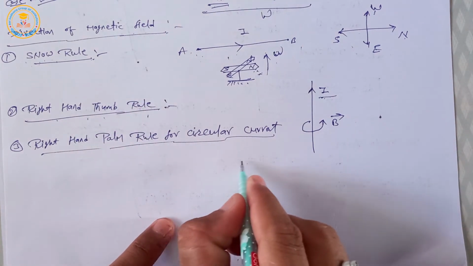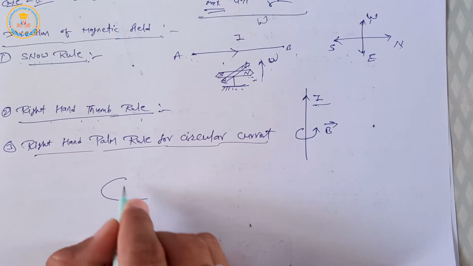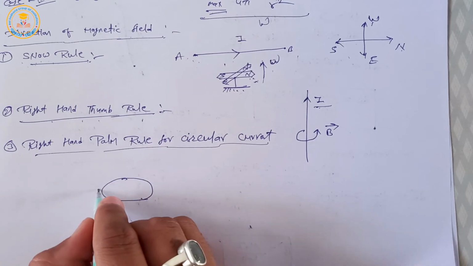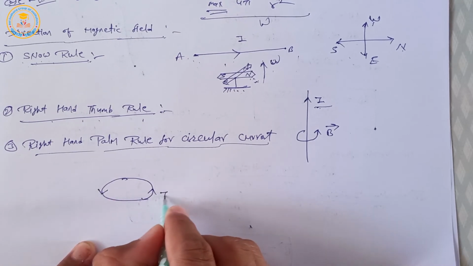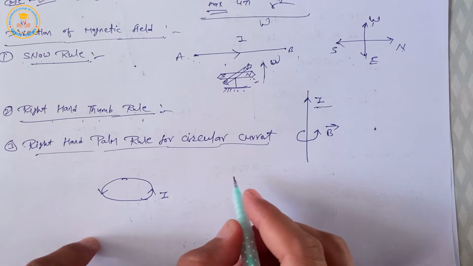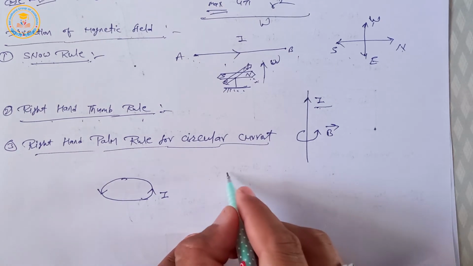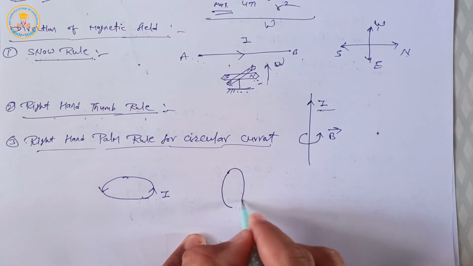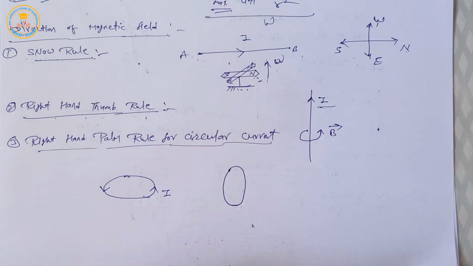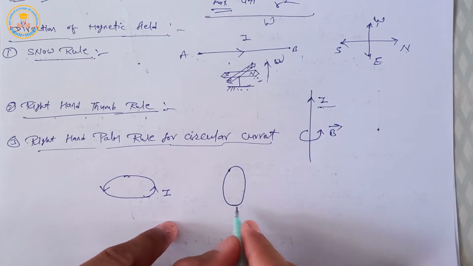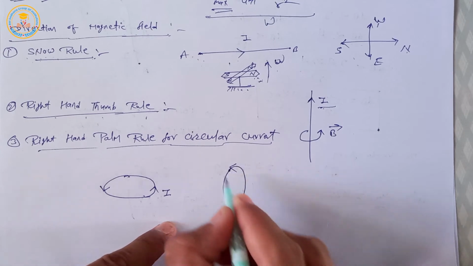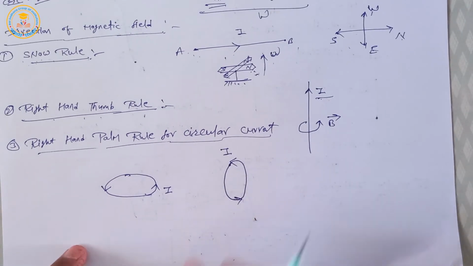Suppose this is a circular wire and the direction of current is like this. Again another wire like that, and the direction is this direction. In both current carrying circular loops, we find the direction of magnetic field.